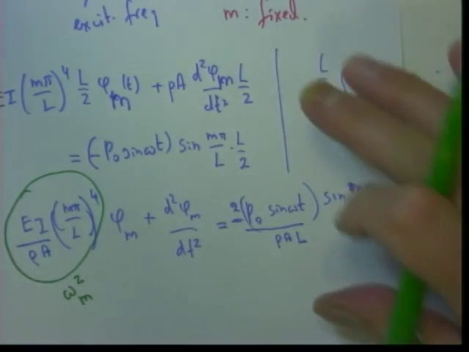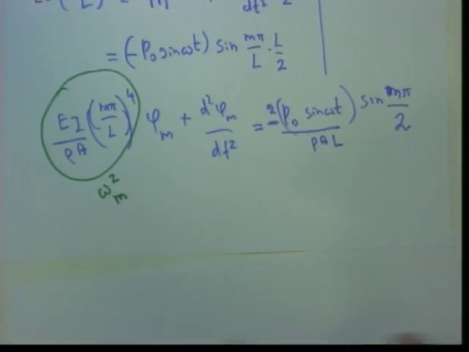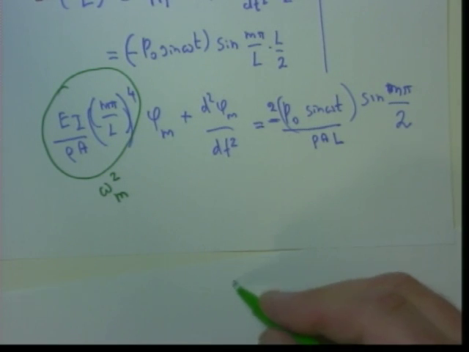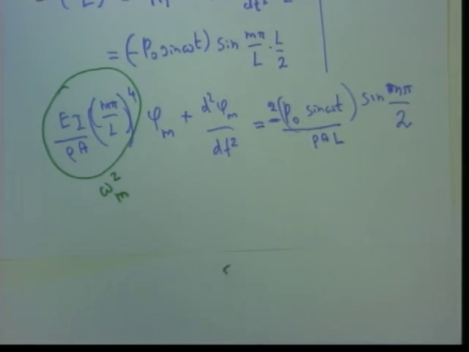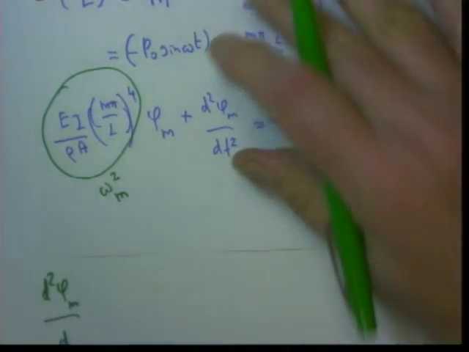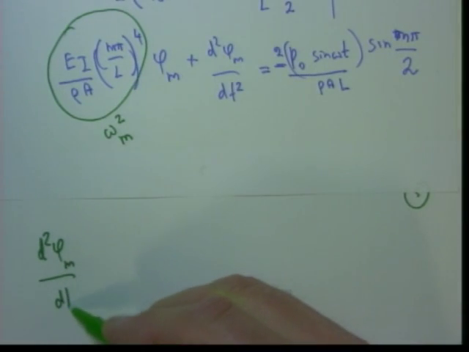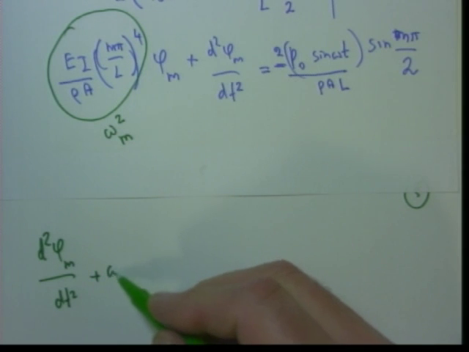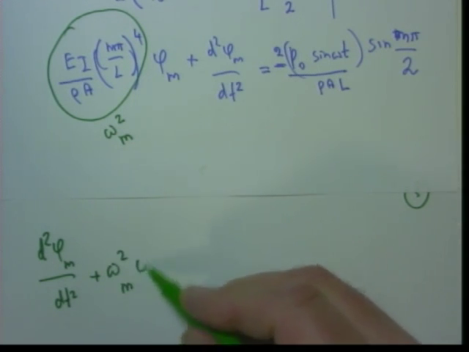So then we get, I'm writing it down, d2 phi_m dt squared plus omega sub m squared phi_m.